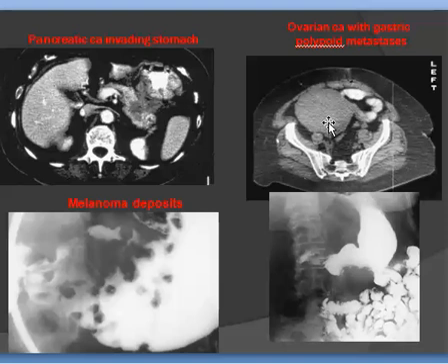Ovarian carcinoma with polypoid metastasis of the liver. This is the appearance of the polypoid metastasis in the liver, and this is the appearance of the ovarian carcinoma. This is how melanoma deposits can occur, giving what we call the target sign in the stomach itself.